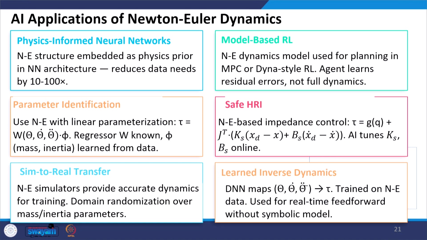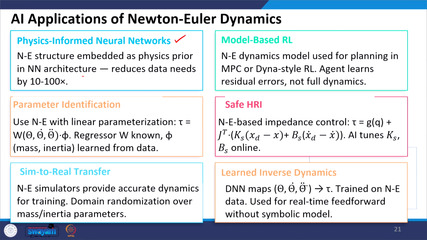Next, let us see how AI uses this Newton-Euler dynamic equation. In case of a physics informed neural network, the Newton-Euler structure is embedded as a physics prior in the neural network architecture, which reduces the data needed by say 10 to 100 times.